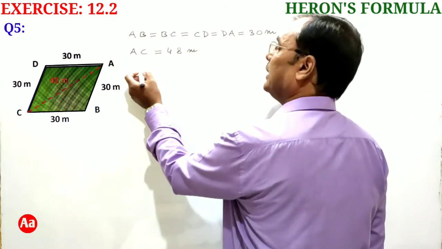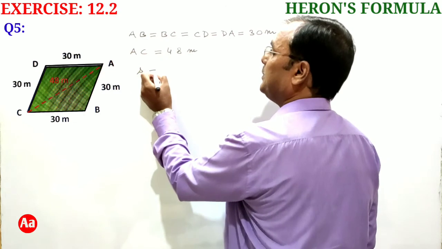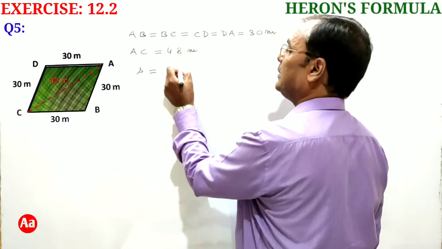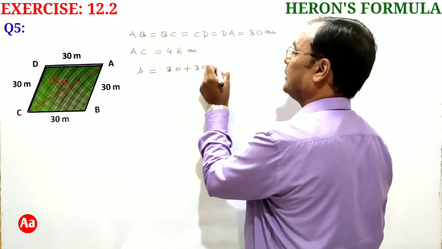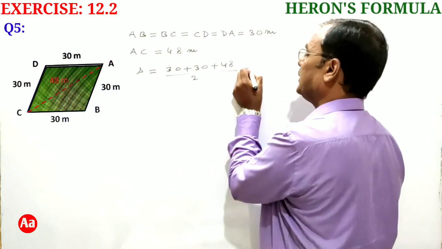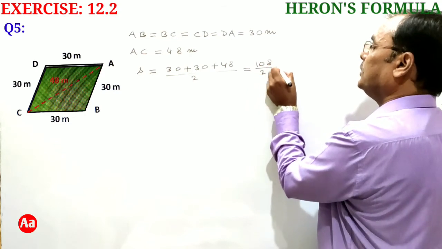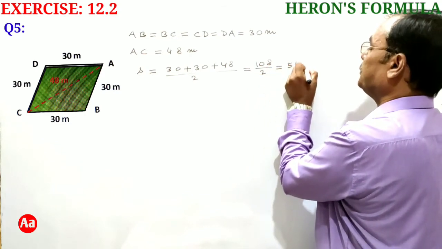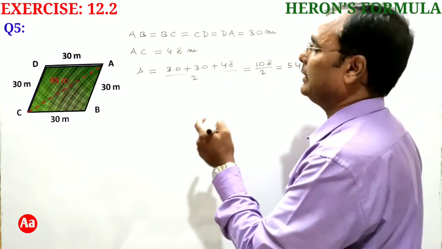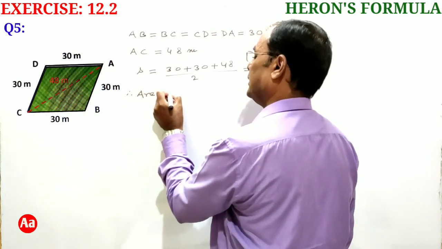To find the area of triangle ABC, let us first find the semi-perimeter of triangle ABC, that is 30 plus 30 plus 48, perimeter, divided by 2, 108 by 2 is equal to 54 meter. Semi-perimeter of triangle ABC.